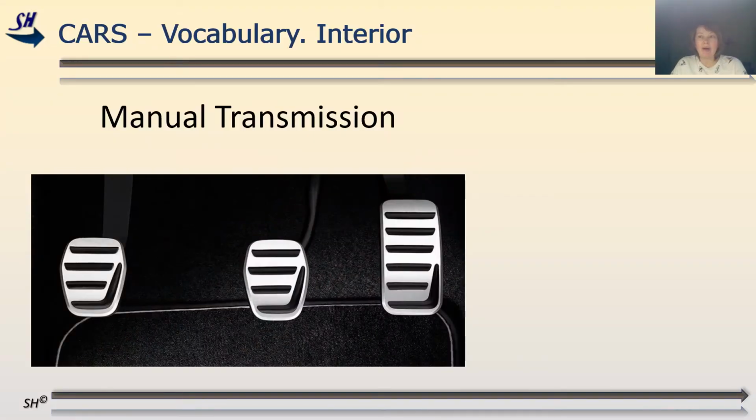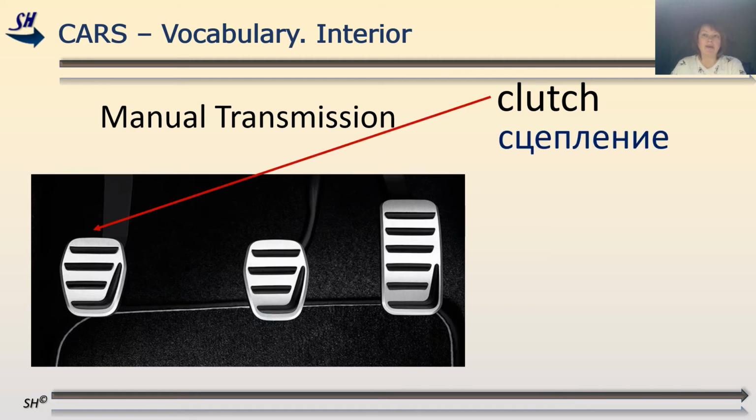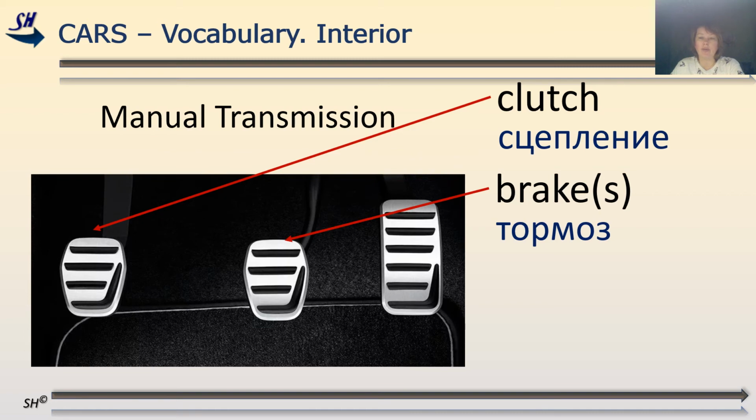When we look underneath the steering wheel, we can see pedals. Depending on the transmission, there can be 2 or 3 of them. So for a manual transmission, there are 3 pedals. The first one, the one on the left, is called a clutch. The second one is called a brake or the brakes.